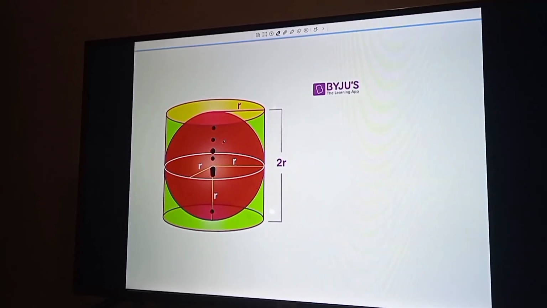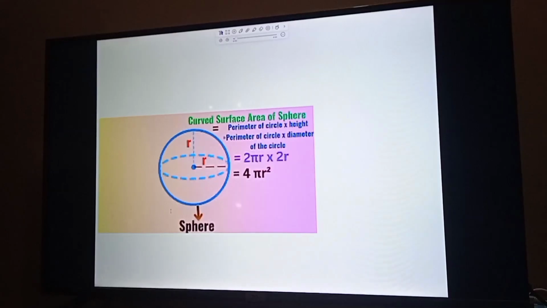Now let the height of the cylinder be equal to the height of the sphere. So the height of the sphere is actually the diameter of the sphere. So height will be equal to 2 into radius, where 2 into radius is the diameter.